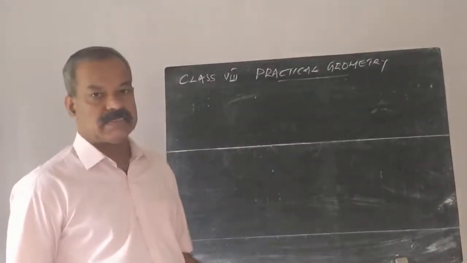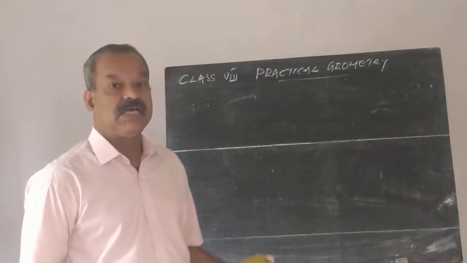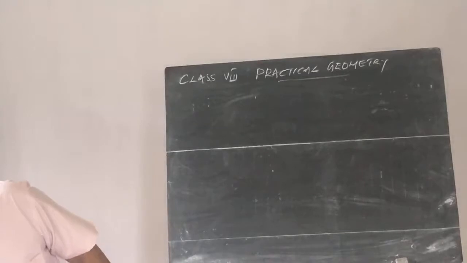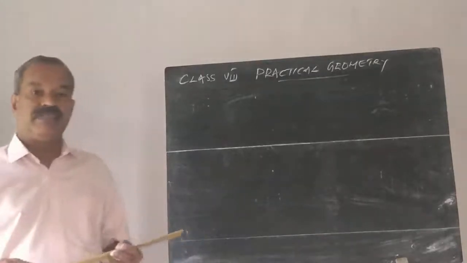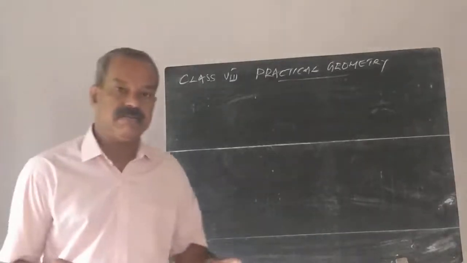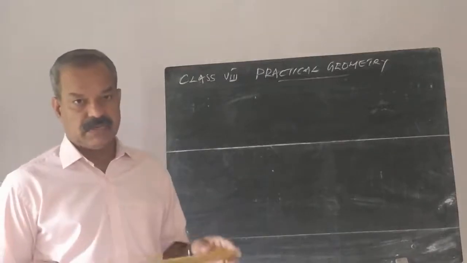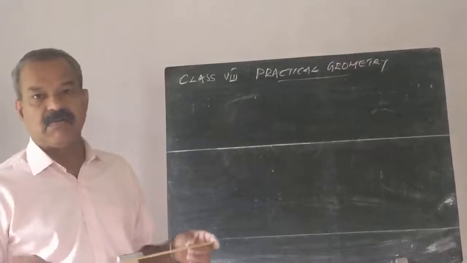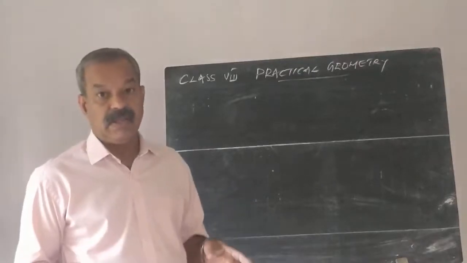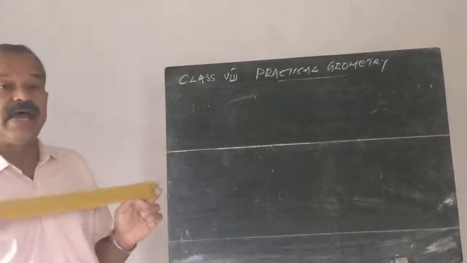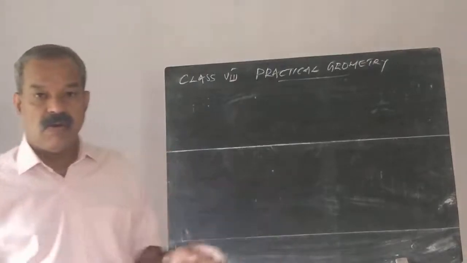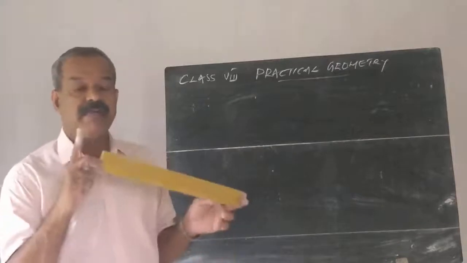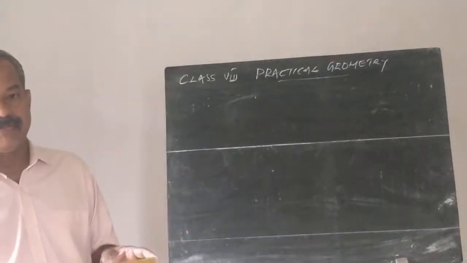Such quadrilaterals are classified as special quadrilaterals because they have certain properties. For example, a square has all sides equal and all angles equal. Diagonals are also equal and bisect each other. Owing to these properties, we require only one measure to construct a square.